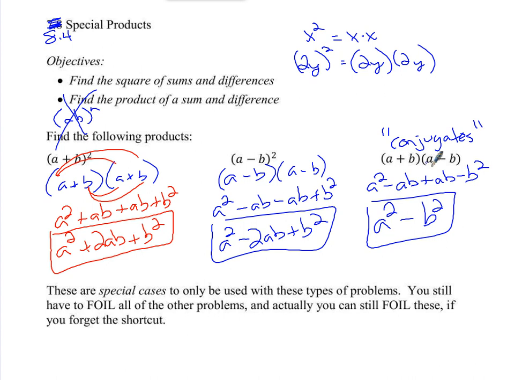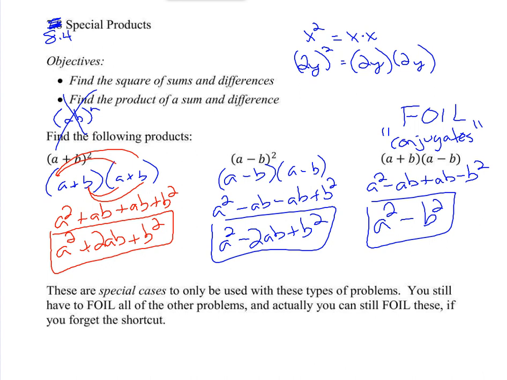If you recognize that it's a conjugate, the interesting thing about conjugates is when you FOIL, what happens? Which term was this one in FOIL? So what part of FOIL was that?